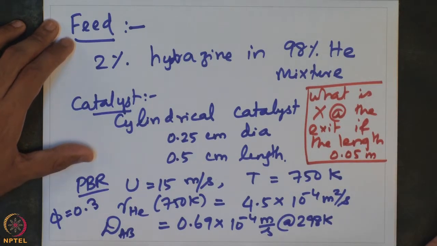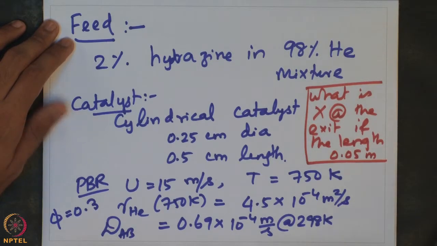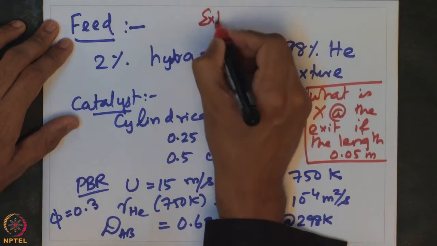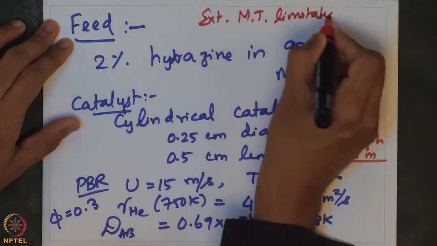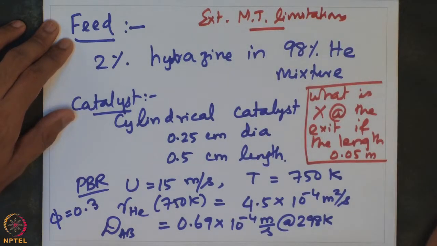So, we need to find out what is the conversion. So, how do we go about solving this problem? We have all the parameters, and we have said that it is under external mass transport limitations. So, how do we solve this problem?